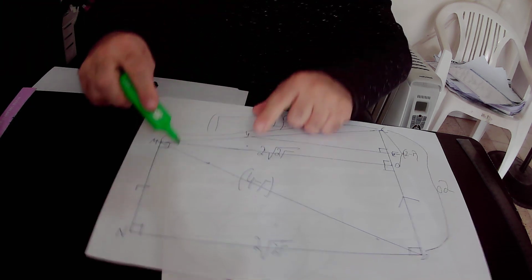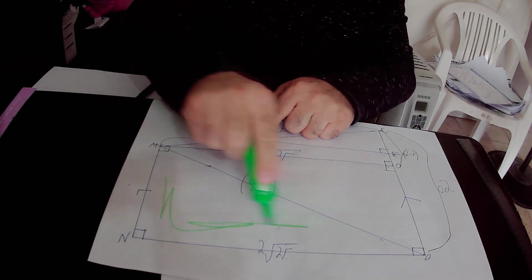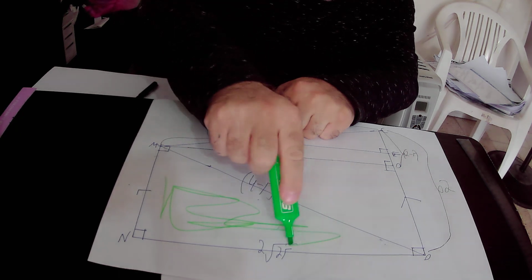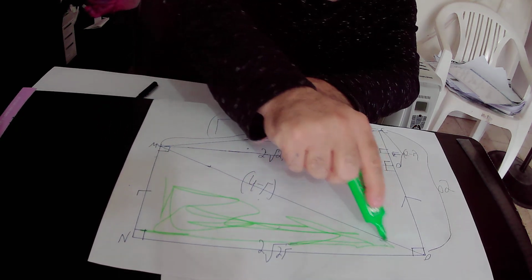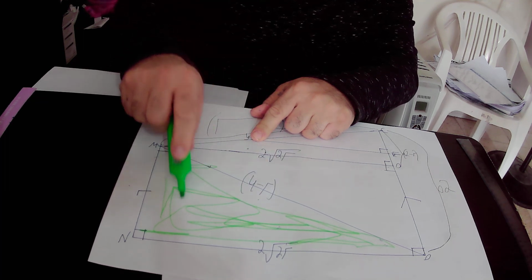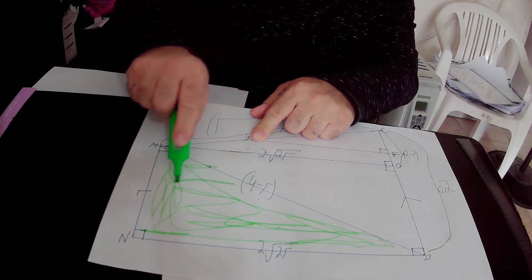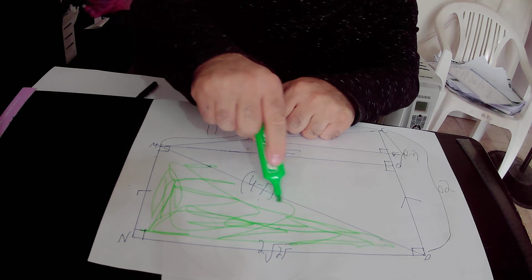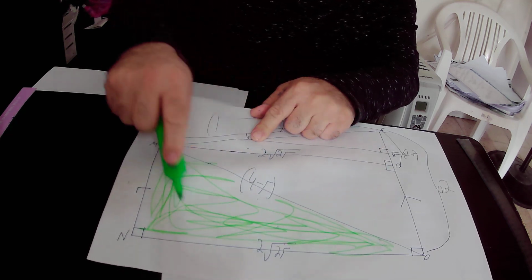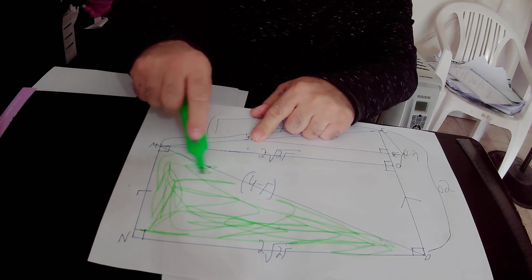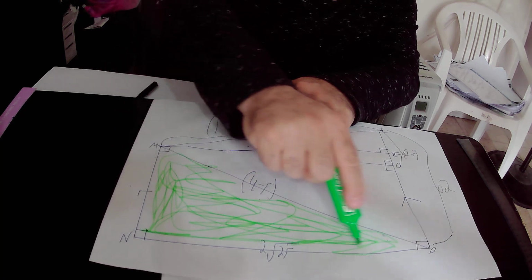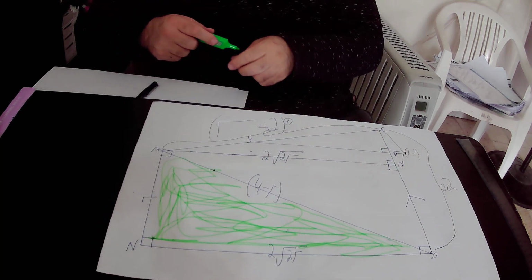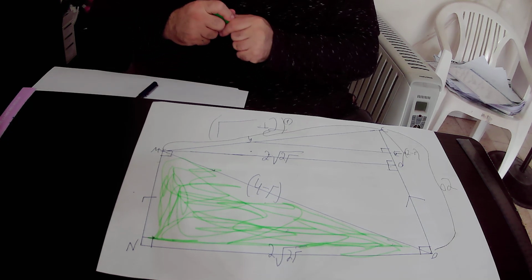On this right triangle, triangle MNO, according to the Pythagoras theorem, the square of the hypotenuse equals the sum of the squares of the perpendiculars.